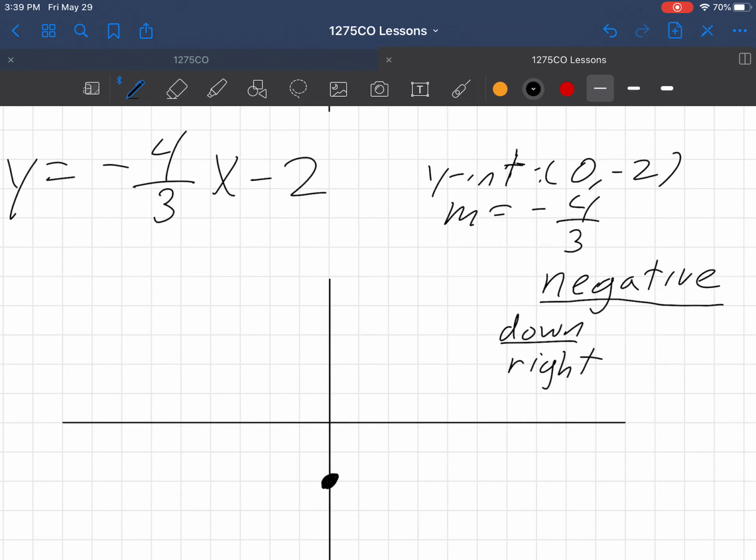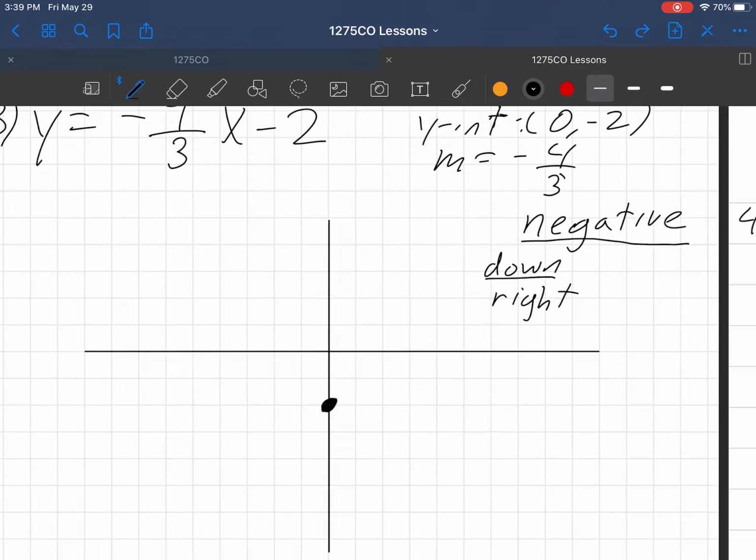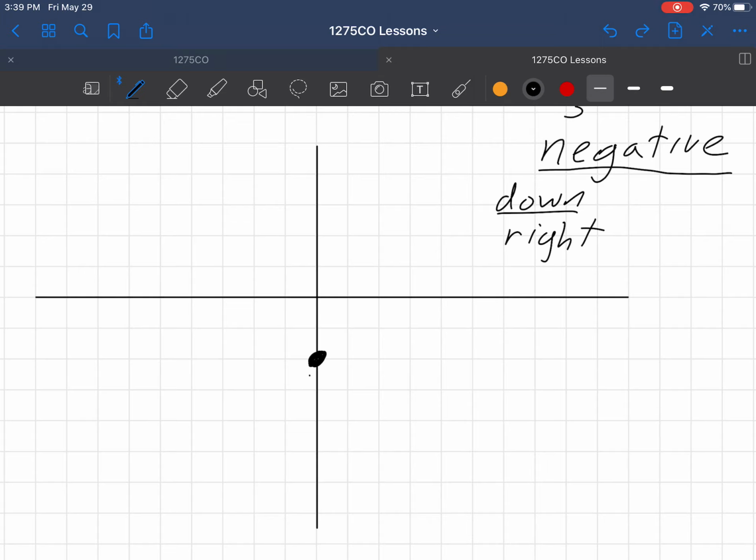So down and to the right, that means down this many units, and to the right, this many units. So let's go down 4 over here. 1, 2, 3, 4.